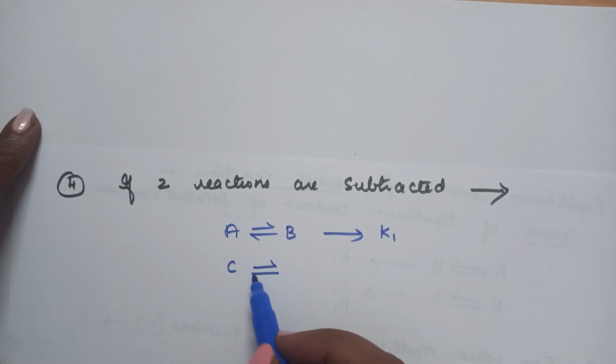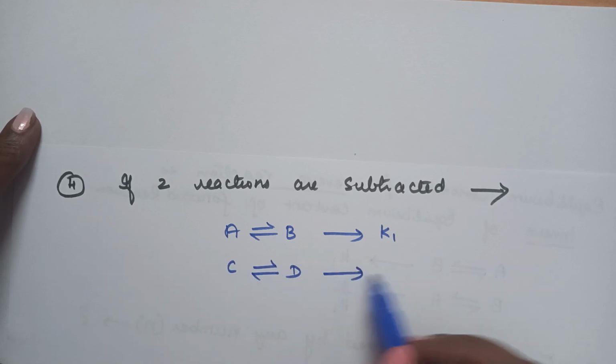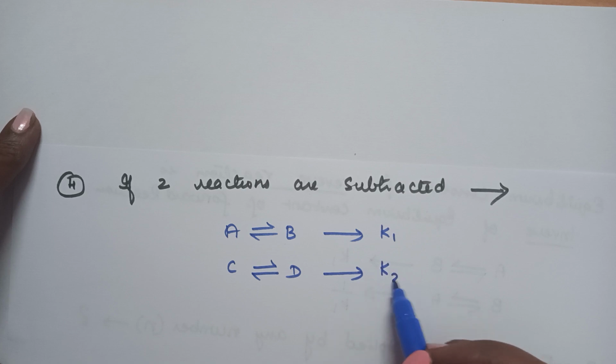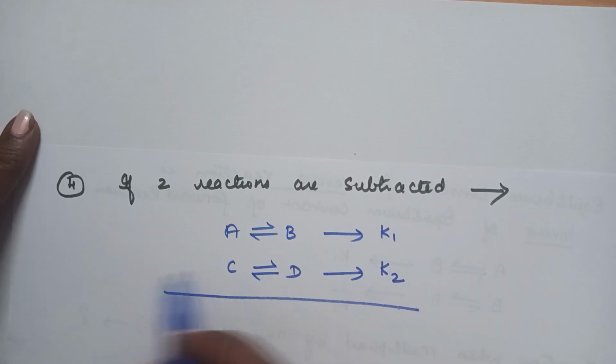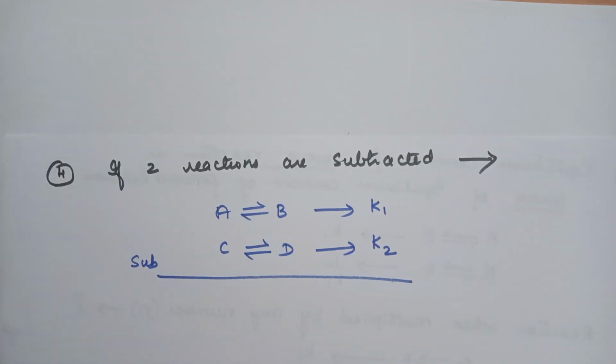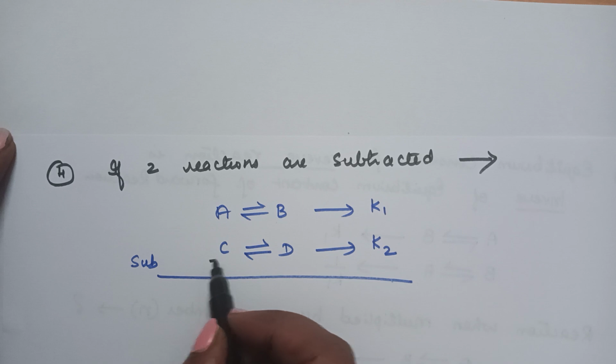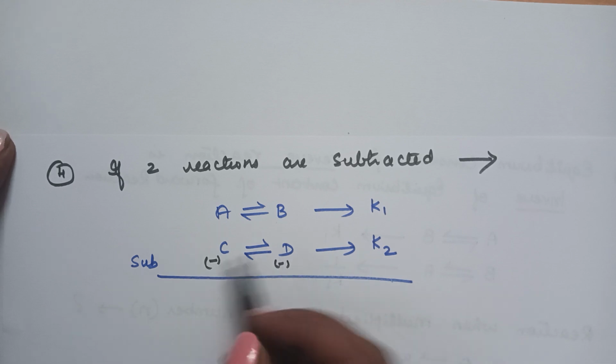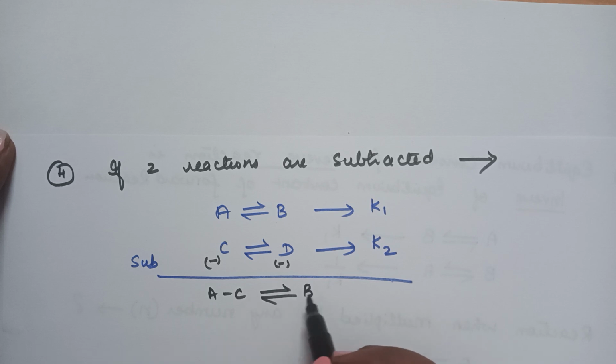C giving D. This is the second reaction. Let the equilibrium constant be K2 for this. So now subtract. So when you subtract, here negative sign and here negative sign. So it becomes A minus C giving B minus D. So this is the reaction.